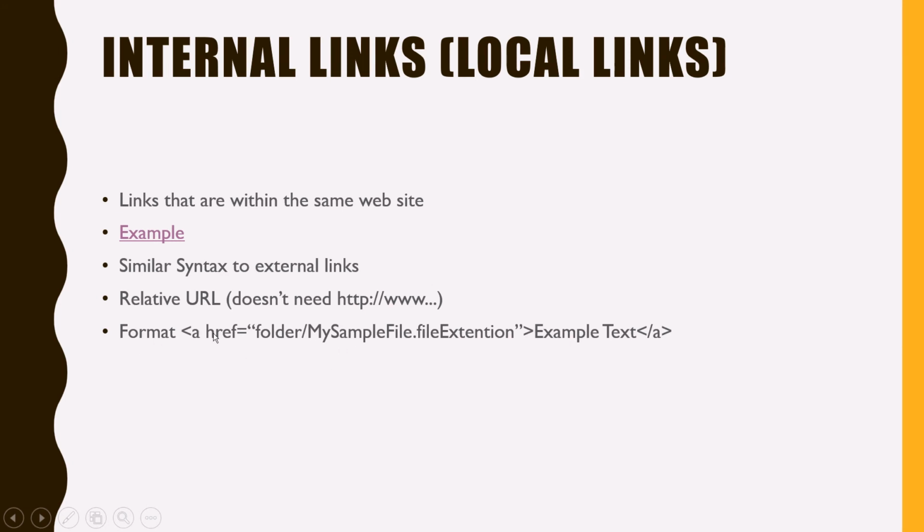For example, here's one where you refer to a folder name, slash, the file within the folder, and its extension. That's what we would consider a URL type. It's the address of the file that we're linking. And then you'd have your text that, when you click on it, will take you to the file within your page.